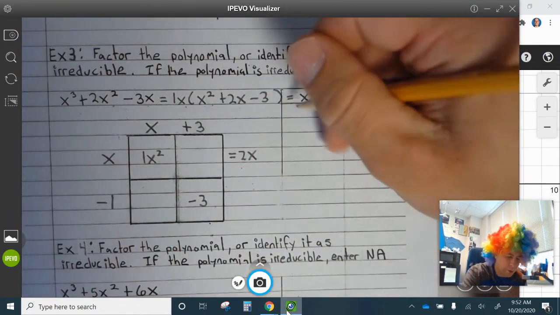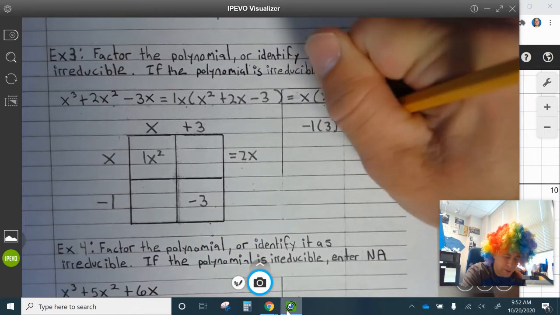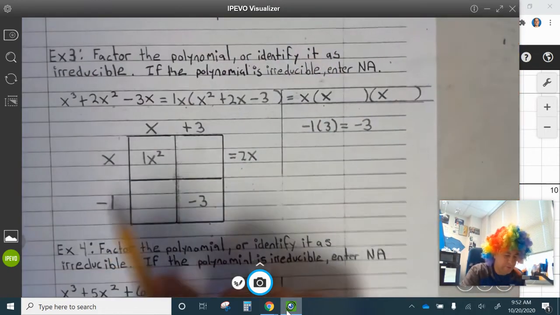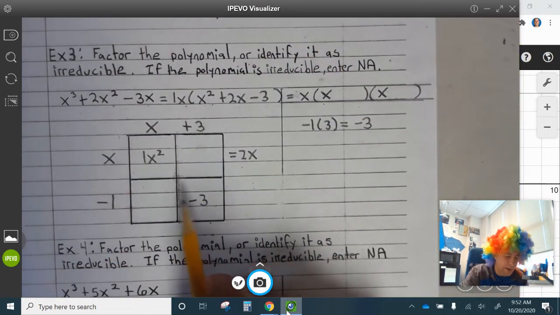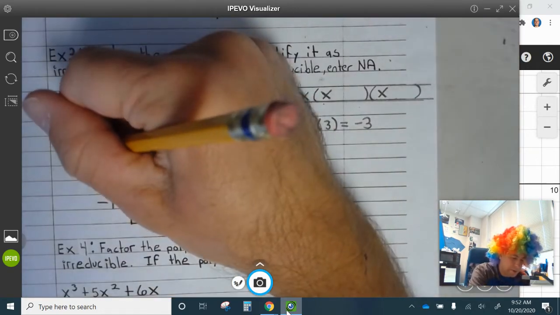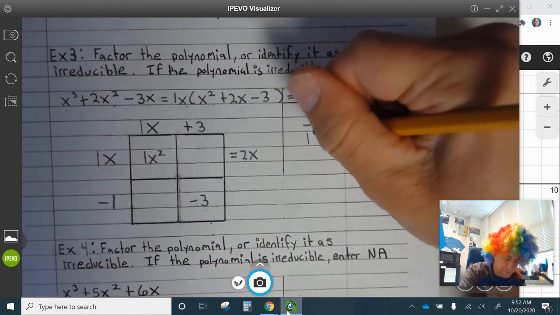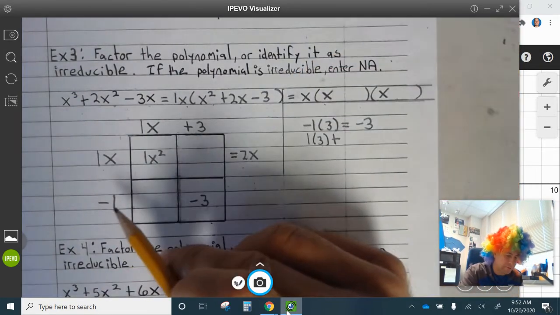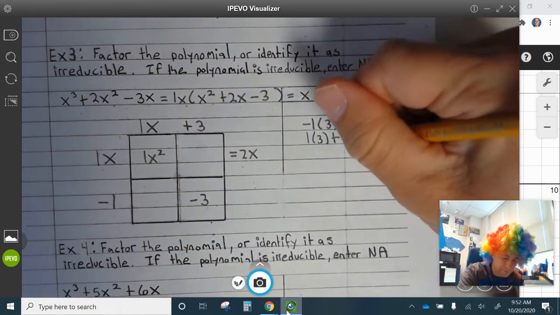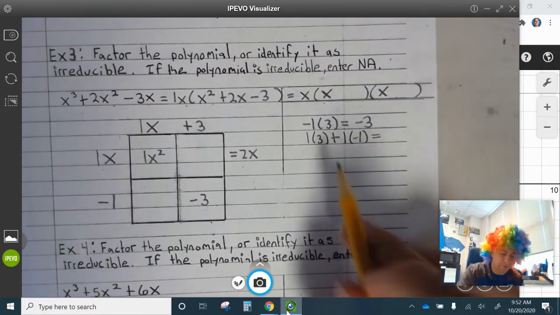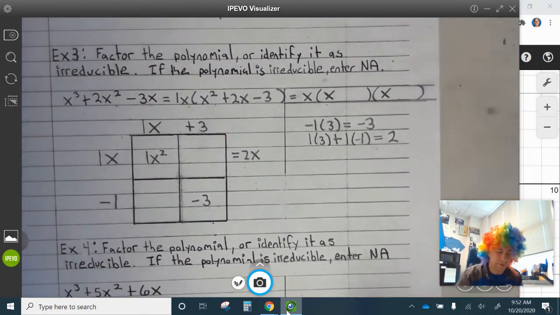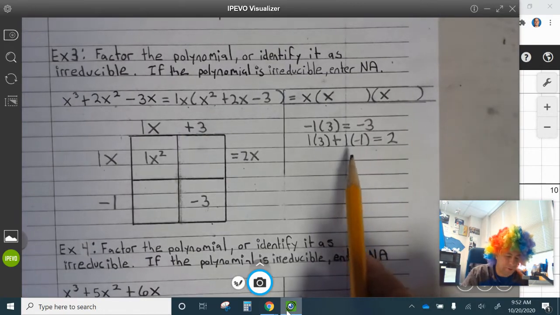Well, we know that negative 1 times 3 is negative 3, so we're good there. But now we need to multiply. 1 times 3 plus 1 times negative 1. Well, that's 3 minus 1, which is 2. So this combination works.